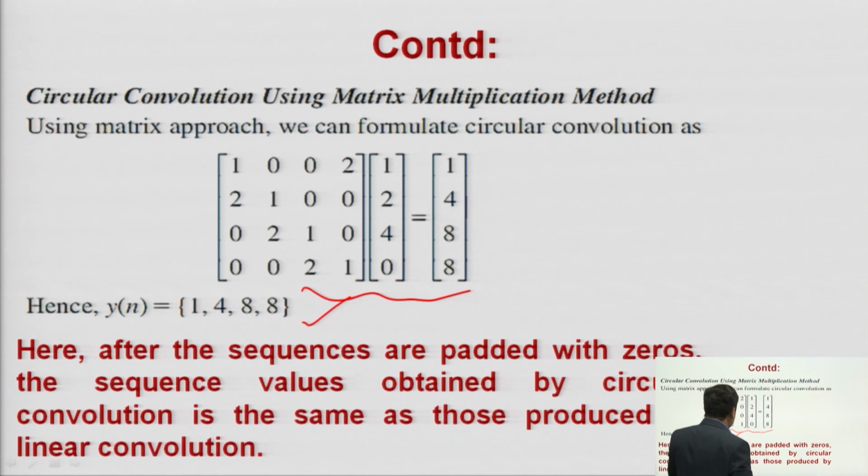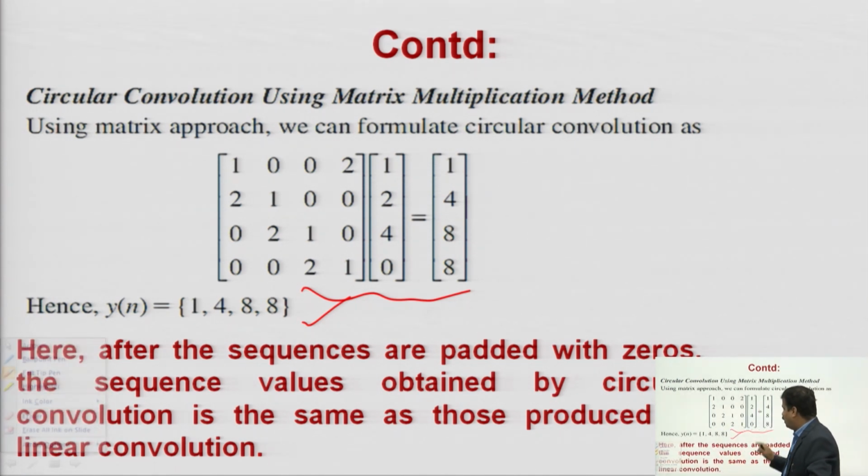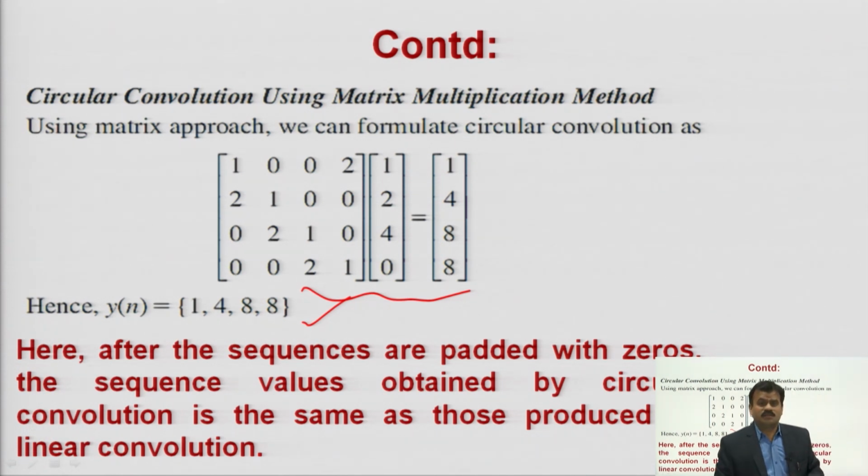So here, after the sequences are padded with zeros, the values obtained by circular convolution are the same as those produced by the linear convolution. So the answer will be the same here, whether you use zero padding or not.